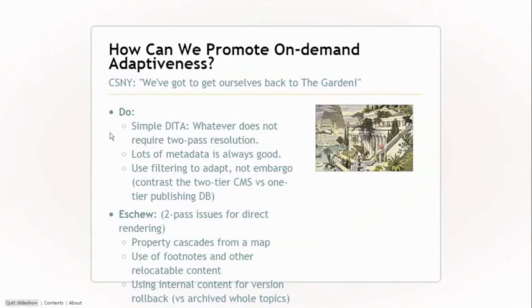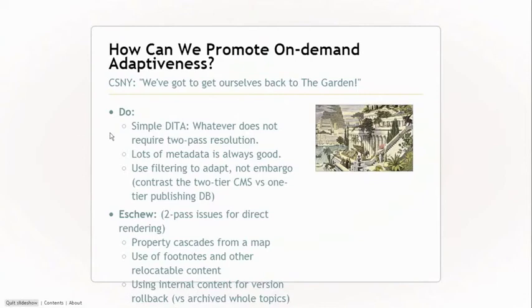And again, the typical scenario is that when you're doing traditional data publishing, you actually have a two-tier CMS. You've got your source CMS, you do a build, you put the results on the delivery CMS, and so it's a very bifurcated system in that sense.